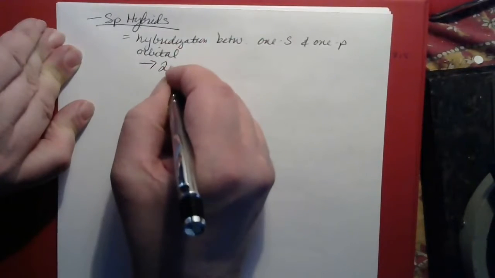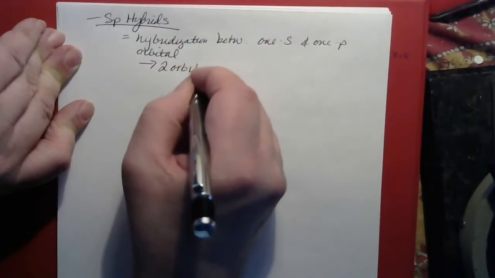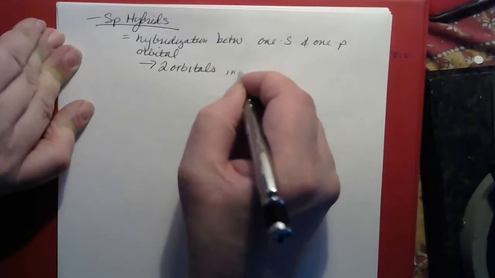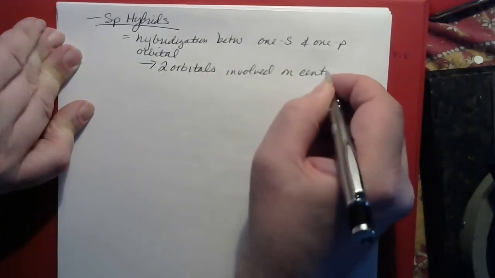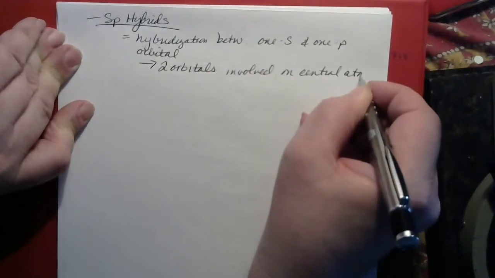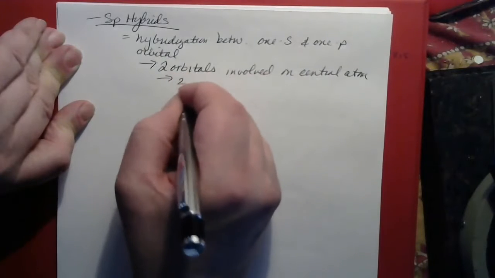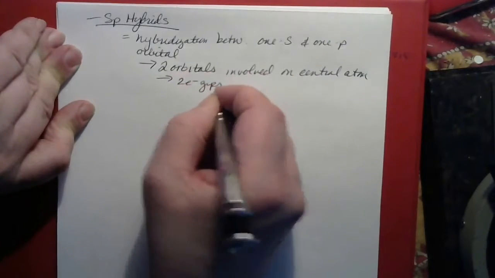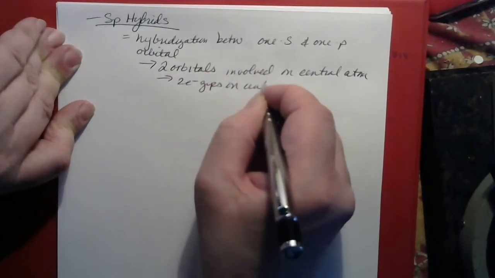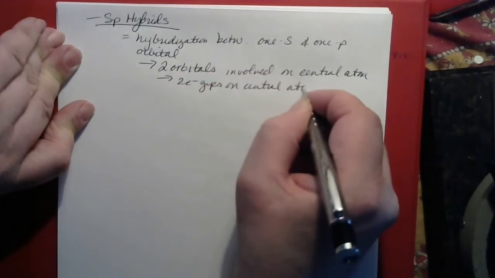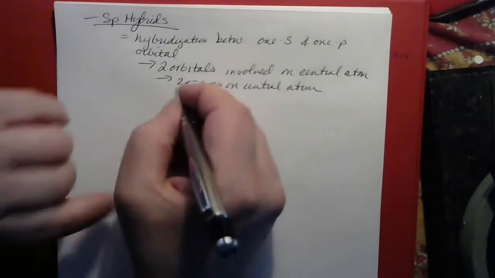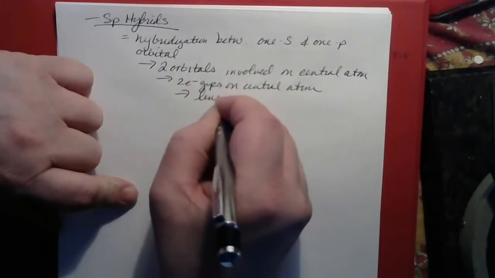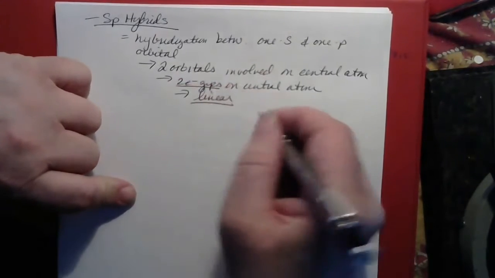That makes a total of 2 orbitals. And that would be 2 electron groups on the central atom. And that means linear electron geometry.